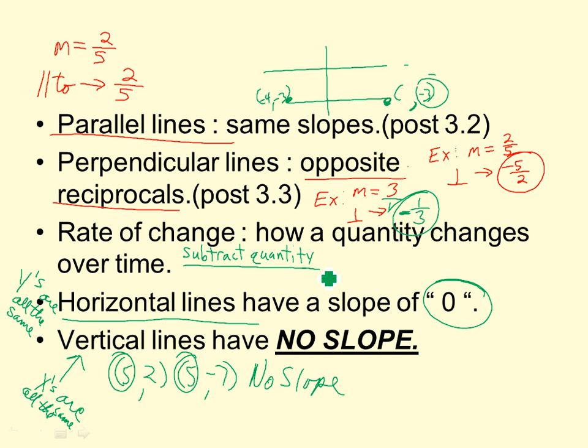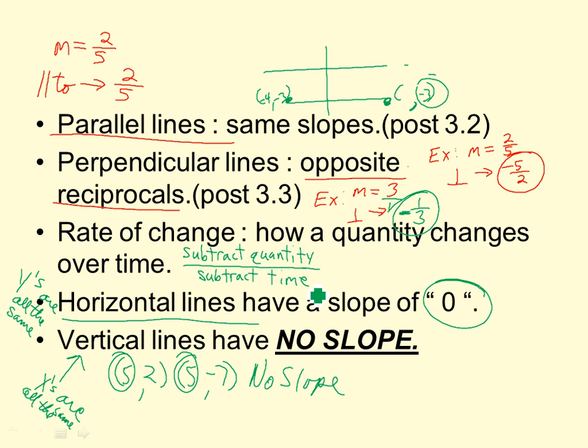Could be ounces in a cereal box, whatever. So you subtract the 2 quantities on top, and on bottom you subtract the 2 times. So maybe from 1920 till, or let's say 1914 till now.